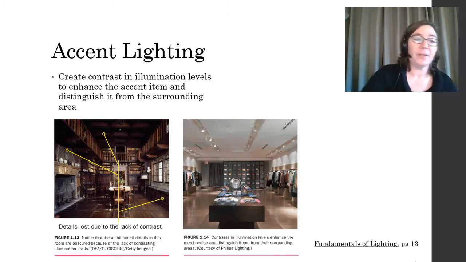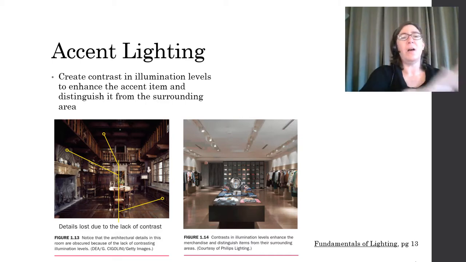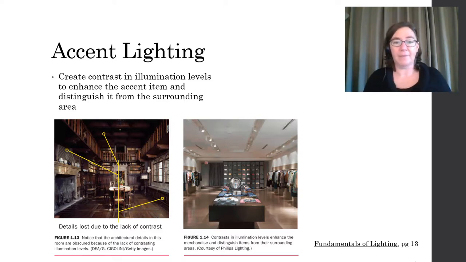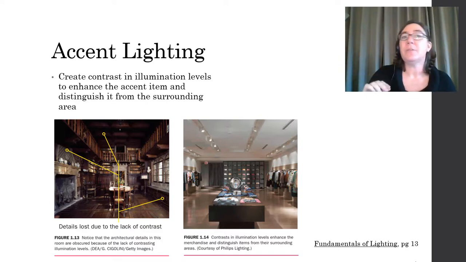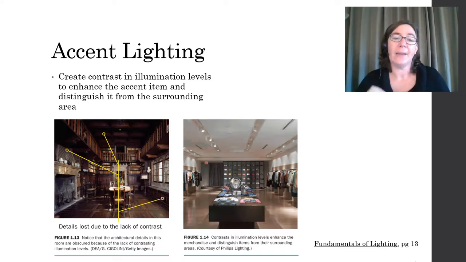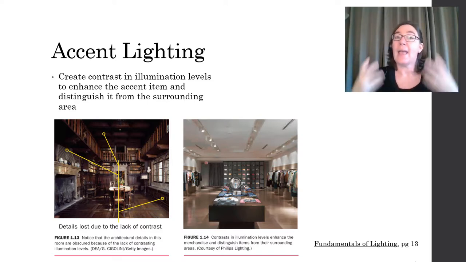On the left is a room that is all about the same illumination level, and so we're missing some of the important details because you really can't tell them apart. On the right, it looks like a clothing retailer, and they've used accent lighting to highlight some of the products and really call attention to them.